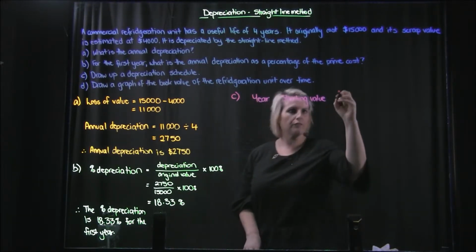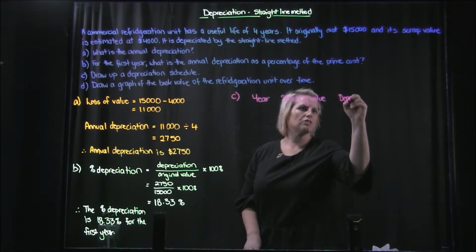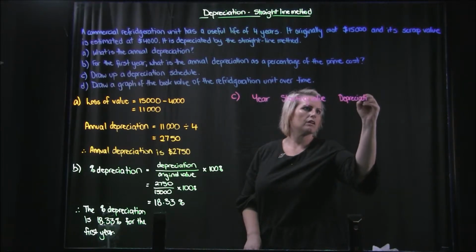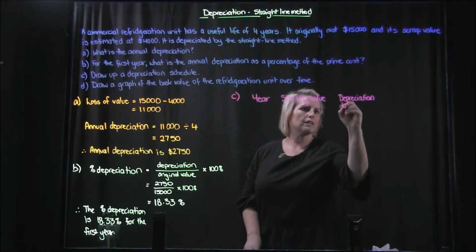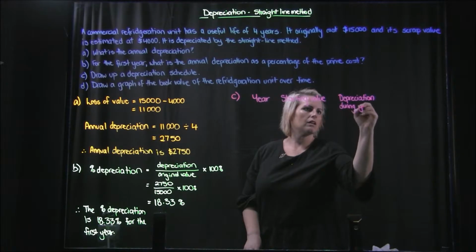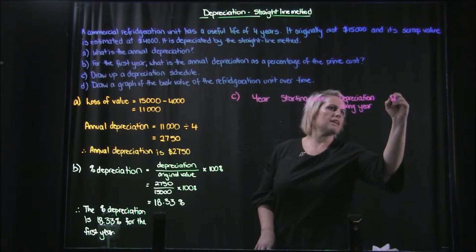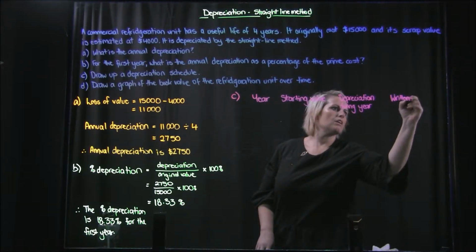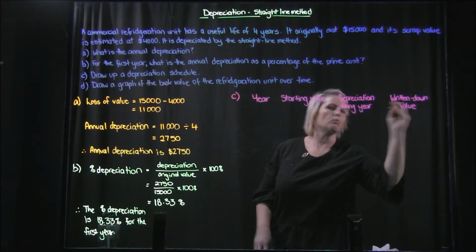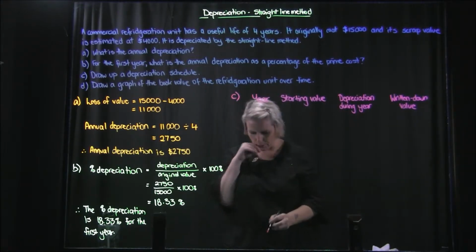Then I'm going to have depreciation during the year, and written down value. What we say is like we write something down, as in we slash the value of that item.